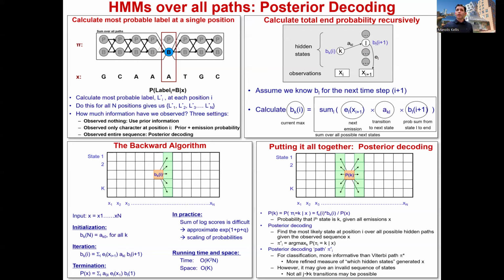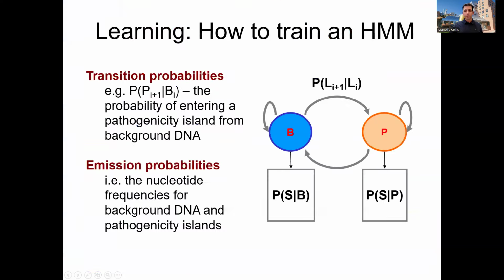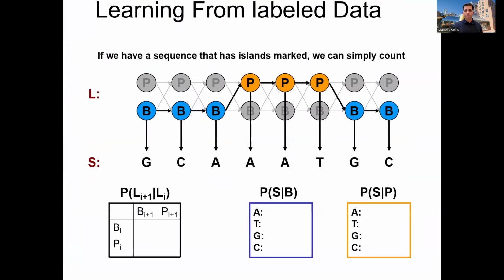Machine learning is about getting better with experience, and therefore with more data, I should get better at estimating these parameters. How do we find the emission matrix and the transition matrix given first a labeled sequence and then given no labels at all? Given a labeled sequence is super easy.